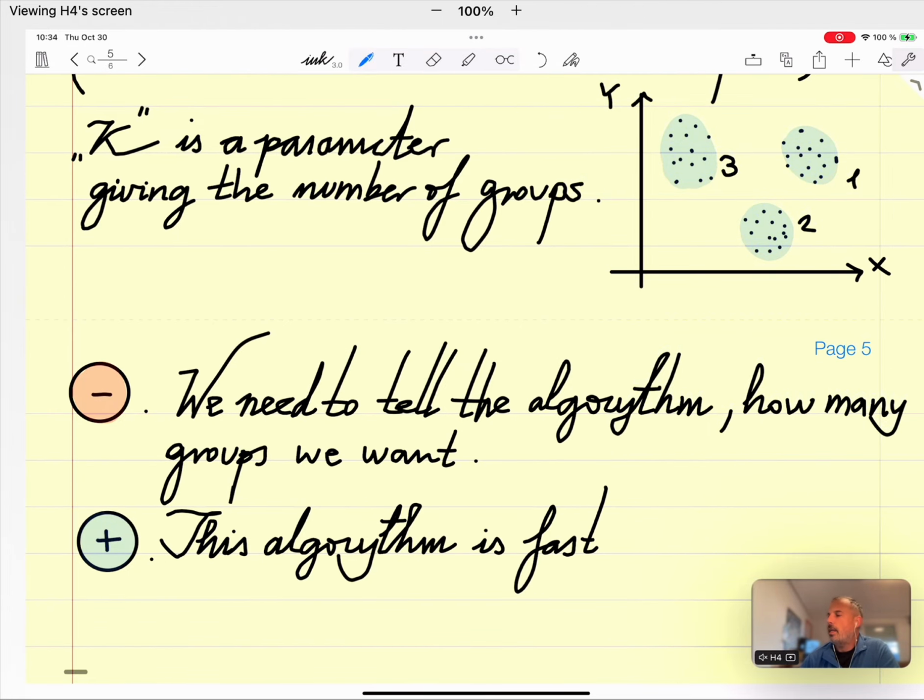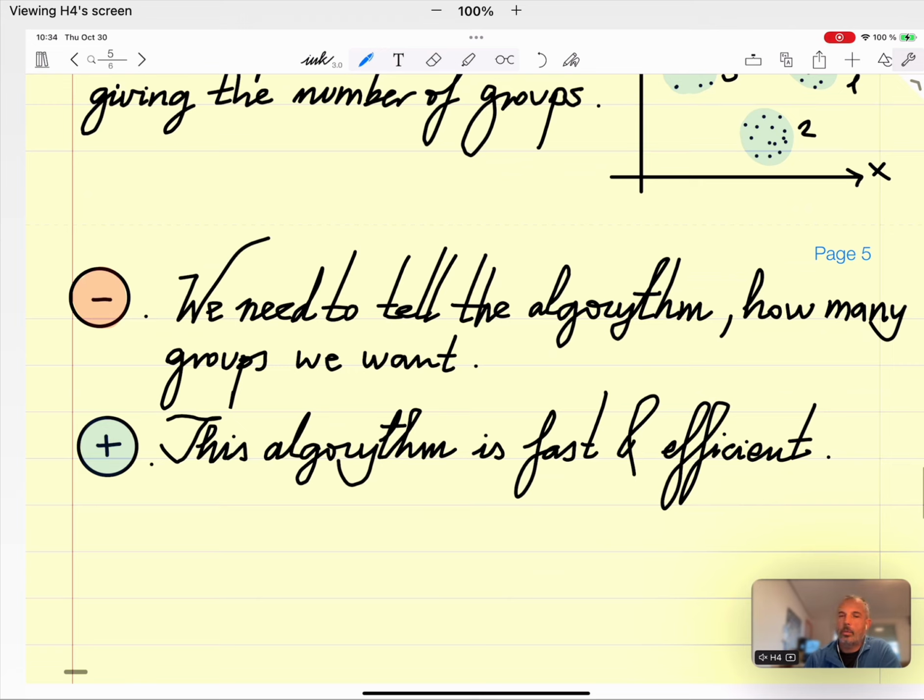No, fast and efficient. Okay. Is very, very fast and efficient, which is something that is good when we need to make fast, strong decisions. Okay.